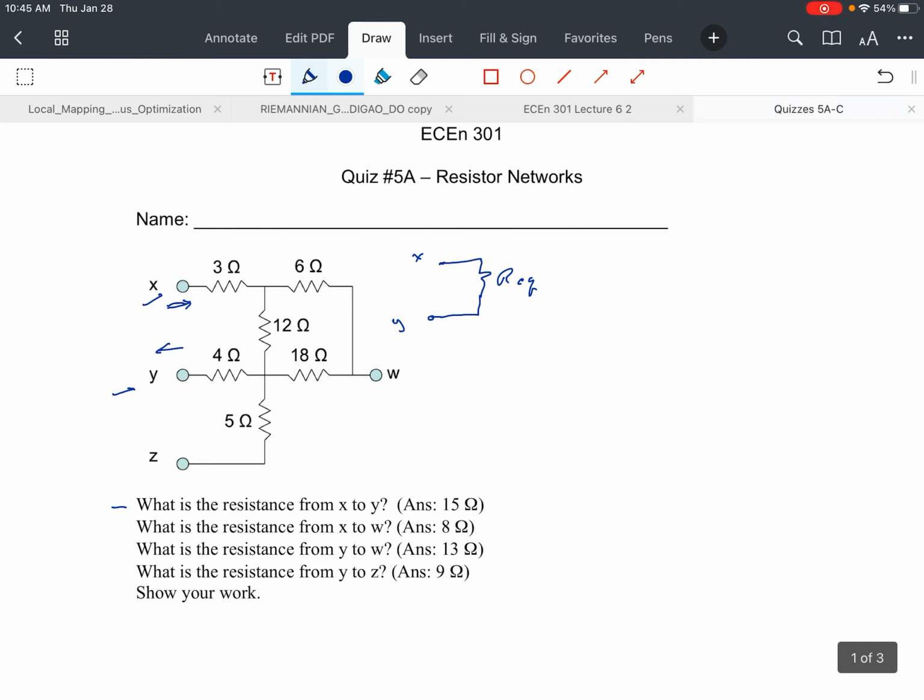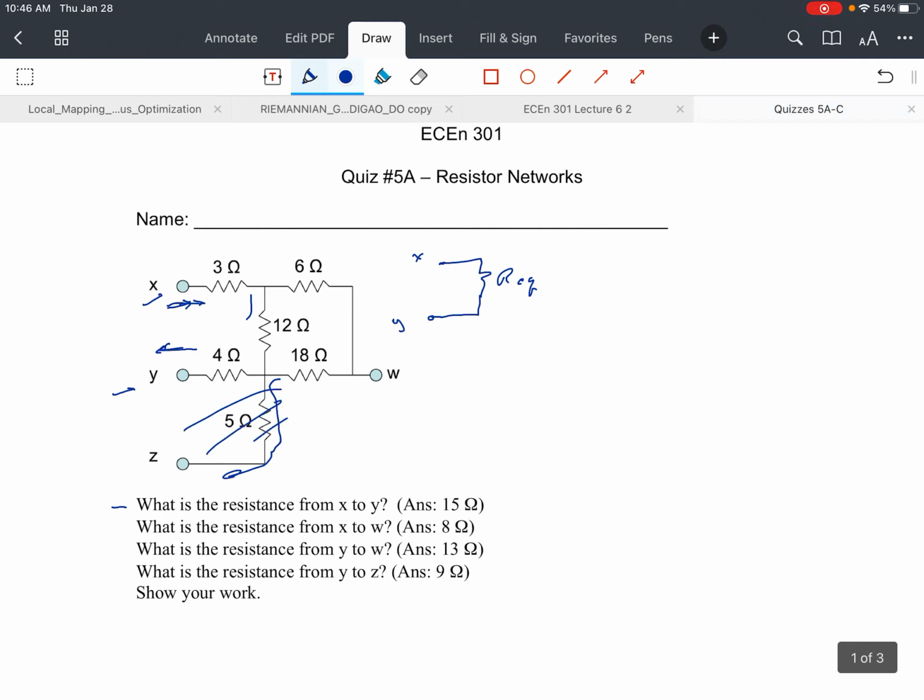Okay, so for X to Y, if current came in this direction, it's going to split, and anything that split and went in this direction wouldn't impact it at all. So it's as if this guy is not even there.